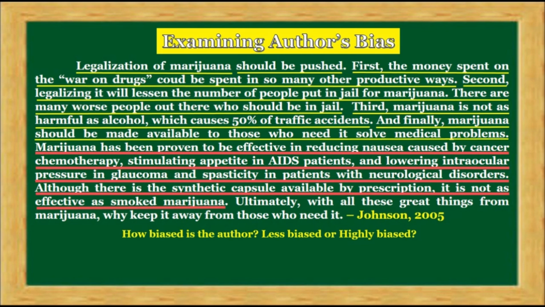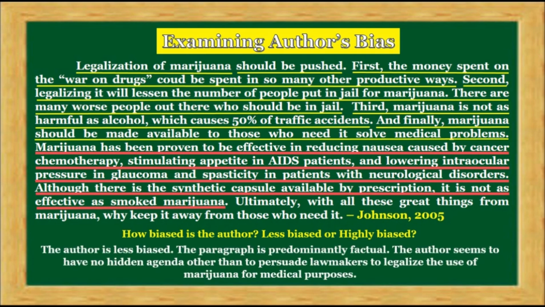Less biased or highly biased? The author is less biased. The paragraph is predominantly factual. The author seems to have no hidden agenda other than to persuade lawmakers to legalize the use of marijuana for medical purposes.